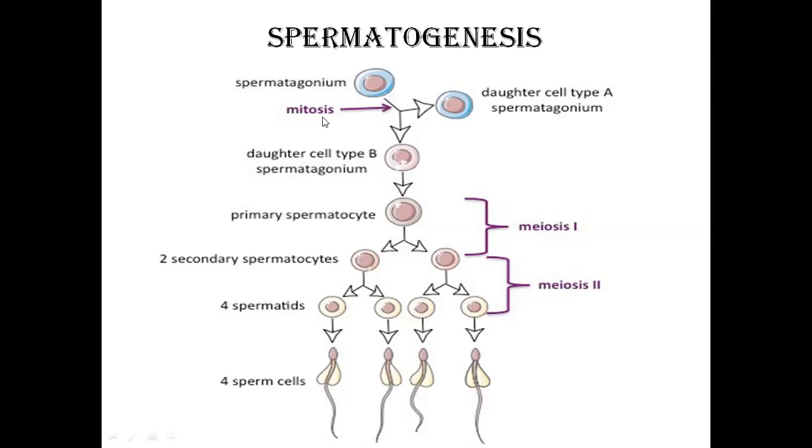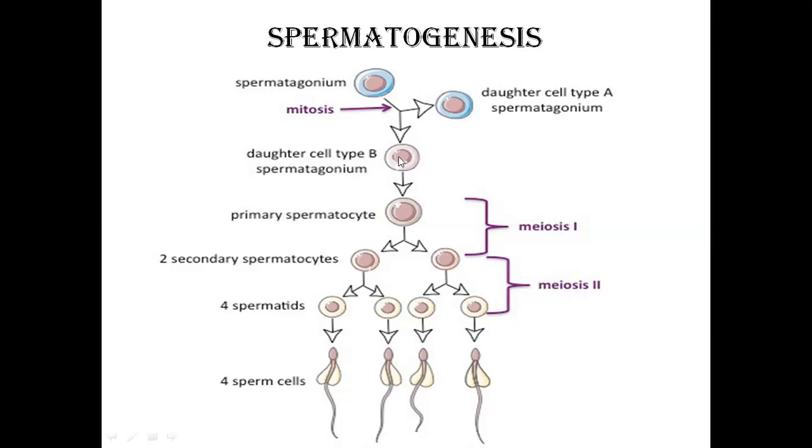At least 8 mitotic divisions they undergo to form spermatogonium A and B. Now, spermatogonium A is going to be stored for the renewal of spermatogenesis when required. So this does not take part in the direct spermatogenesis. Rather, it is the spermatogonia B which takes part in the spermatogenesis. So spermatogonia A is reserved for the self-renewal, and the spermatogonia B enters into the spermatogenesis.